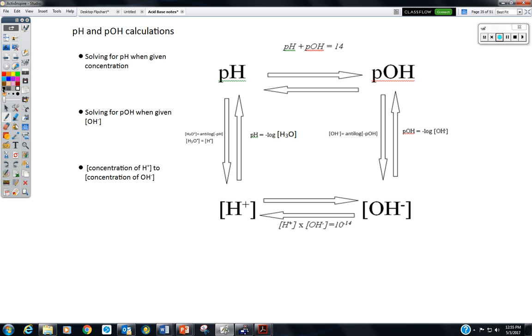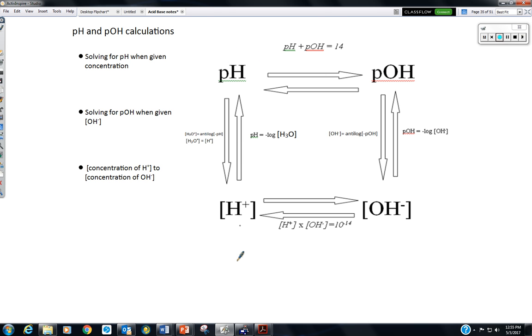That is actually very easy. If we're given information in pH, let's just say that we had a pH of 4, and we wanted to know what the pOH is.